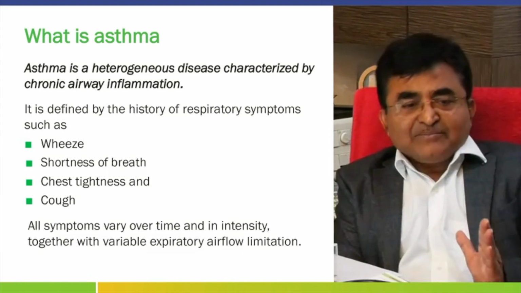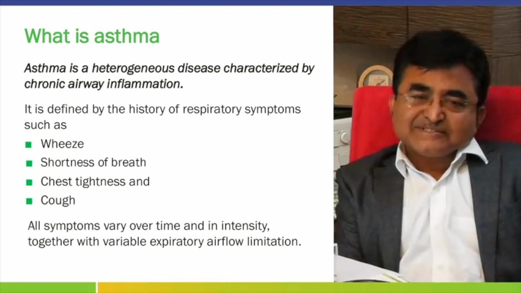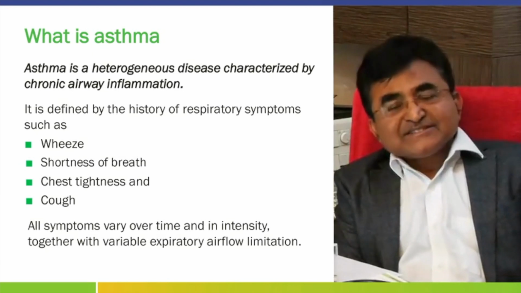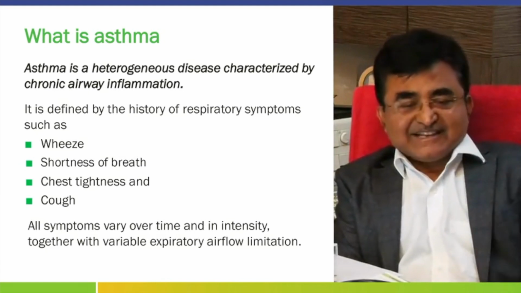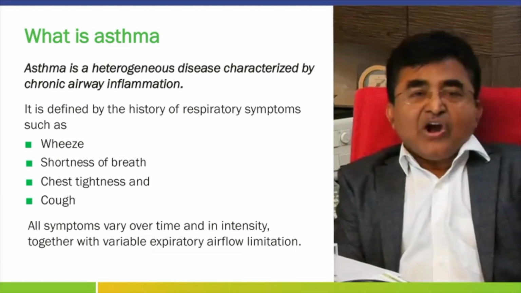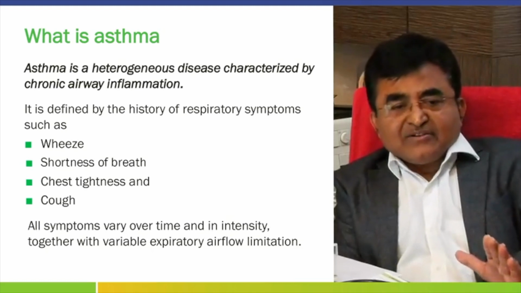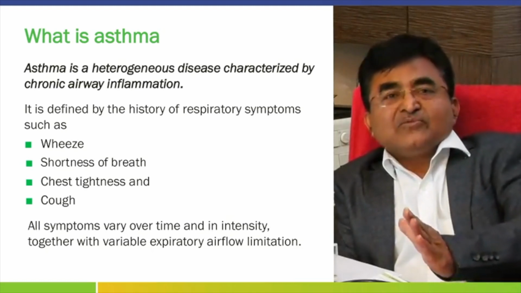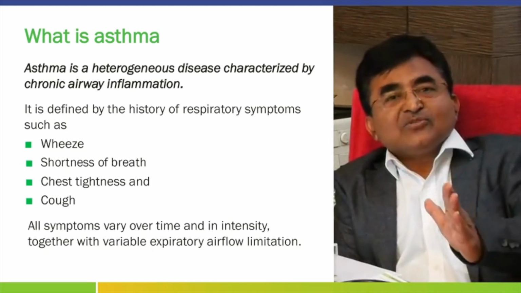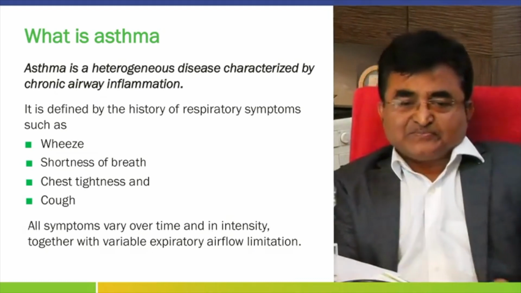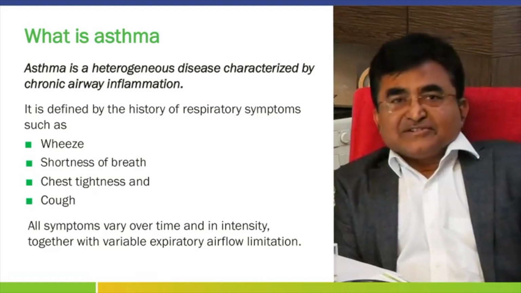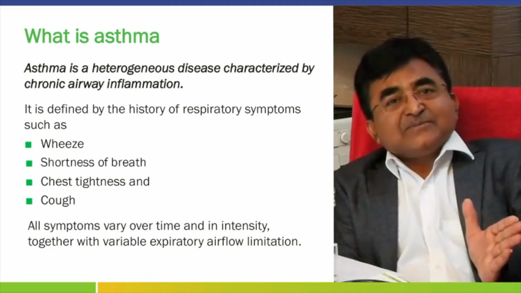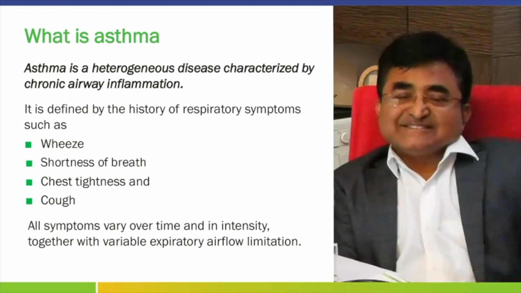It is defined by the history of respiratory symptoms such as wheeze, shortness of breath, chest tightness, and cough. All symptoms vary from time to time with the intensity and from individual to individual. And the airflow limitation is variable as far as all these factors are concerned.